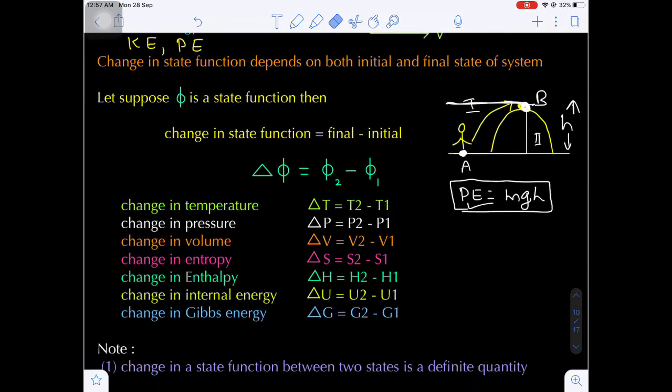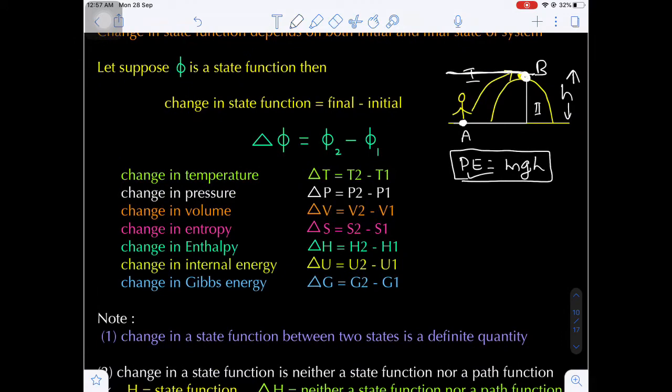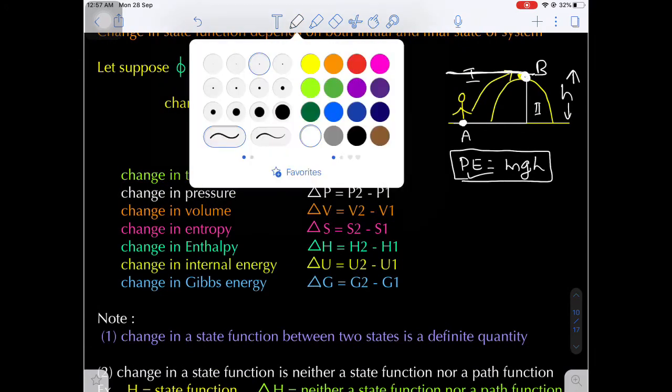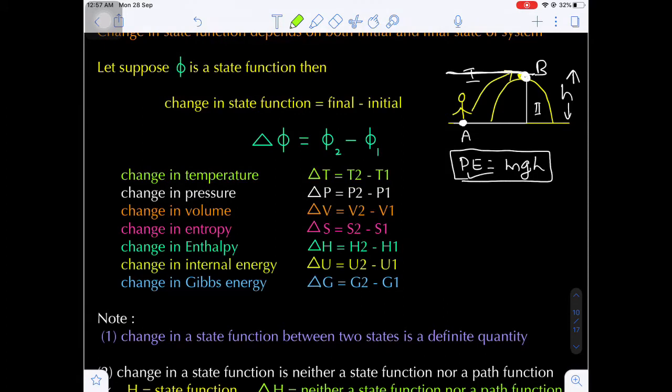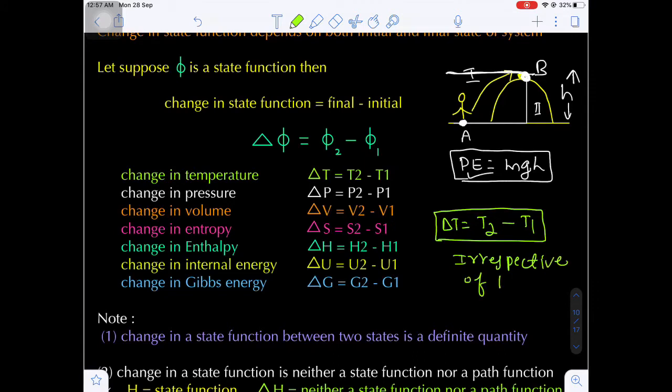State function. Let's suppose we have different types of state functions. Best example, temperature. Initial temperature T1, final temperature T2. The difference T2 minus T1, that is delta T, will remain the same irrespective of the path of the transformation.